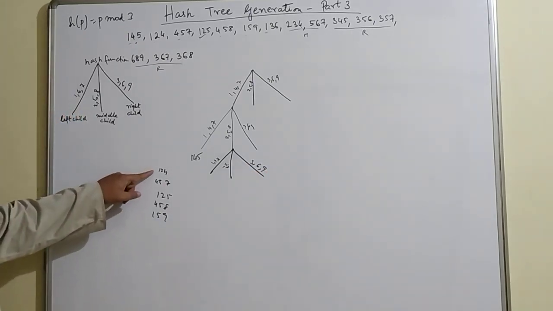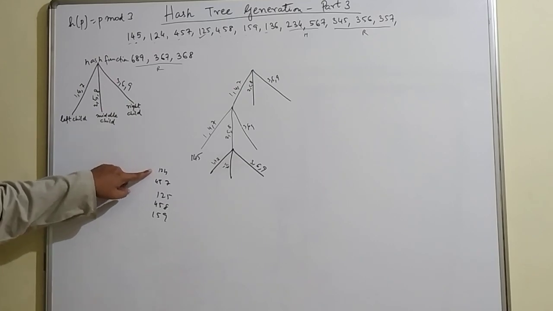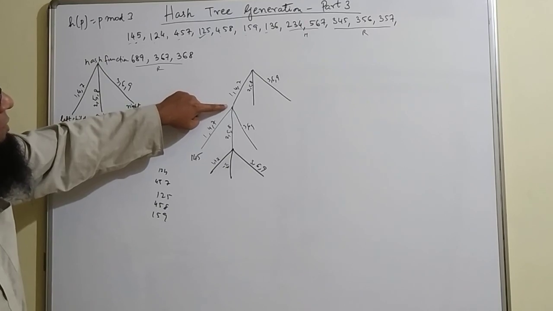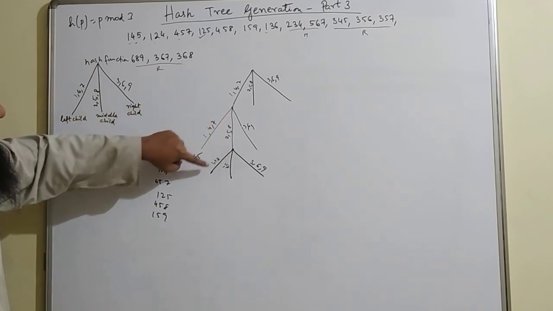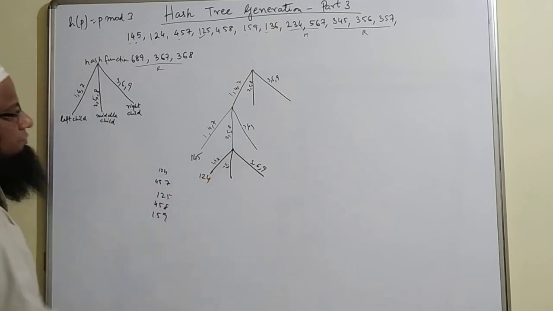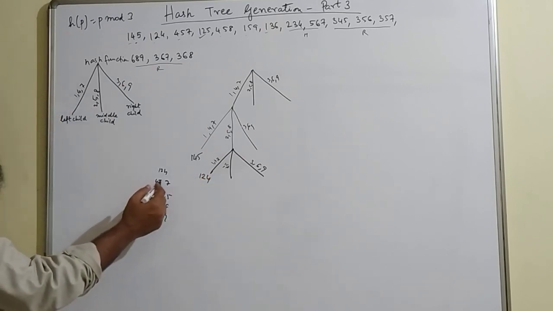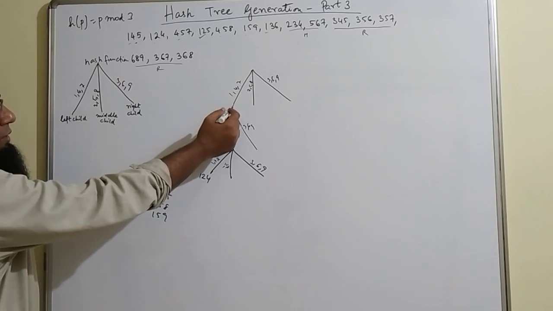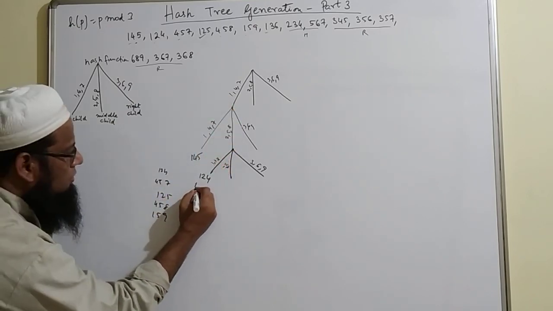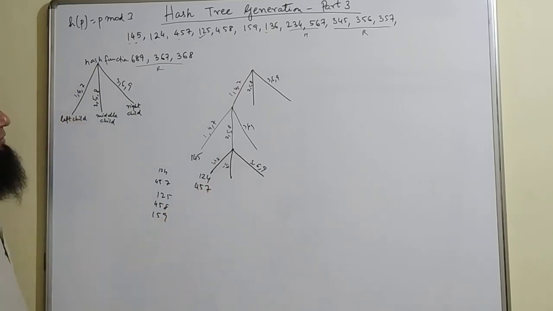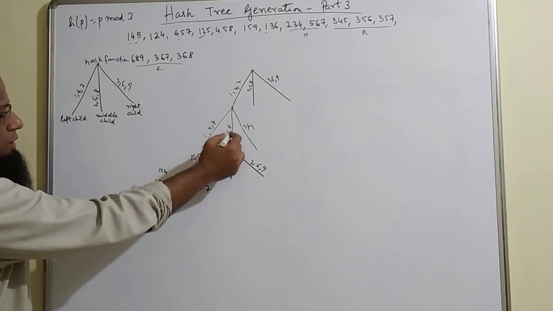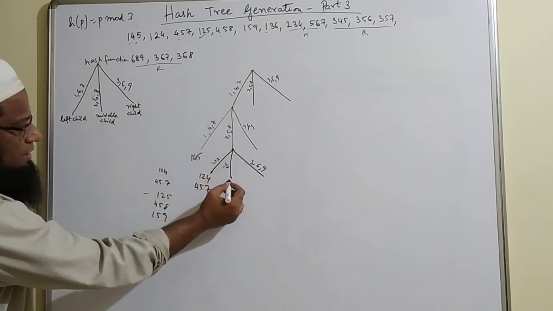So let's see again 124, where it will be placed in the hash tree. 1, this is 2, then 4 is coming here. So this is 124. Then 457: 4, 5, 7 is here, so it is coming here. Then 125: 1, 2 in the middle, and then 5 is again in the middle.